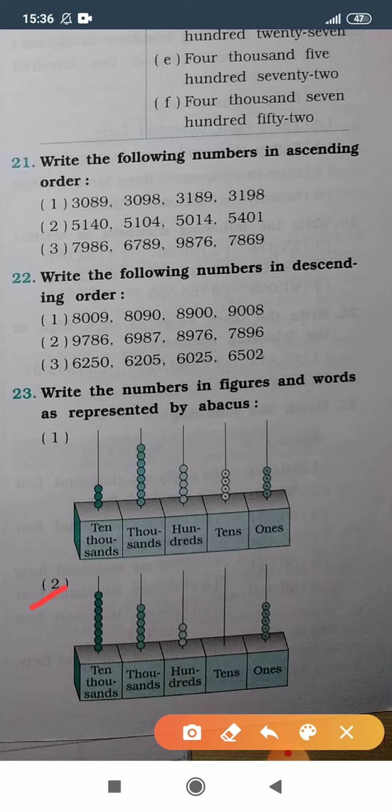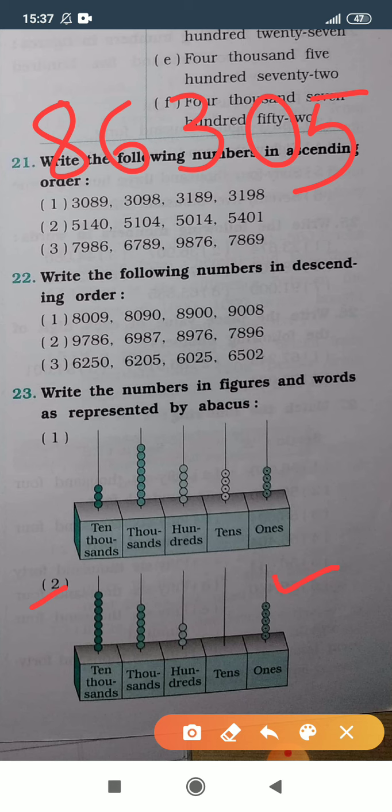Number 2, first we'll count the beads. 1 2 3 4 5 6 7 8. 8. In second row 2 plus 2 is 4, 5, 6. 6. In third row 3. In fourth row there are no beads, that means 0, and on the last row 5 beads were there.